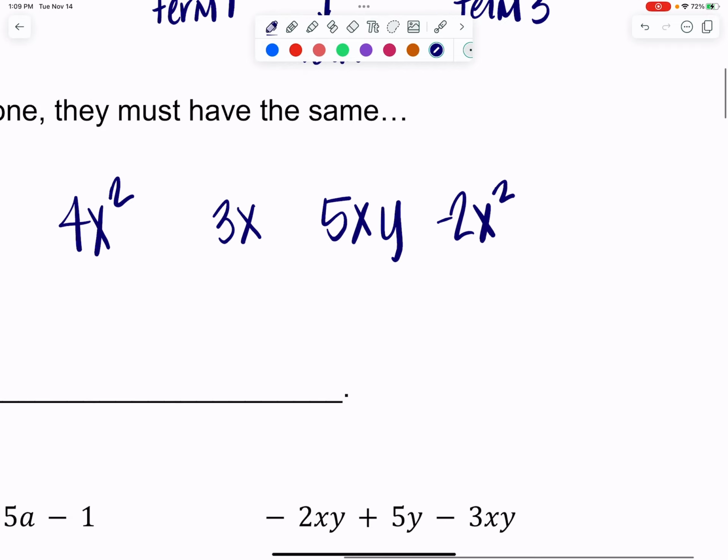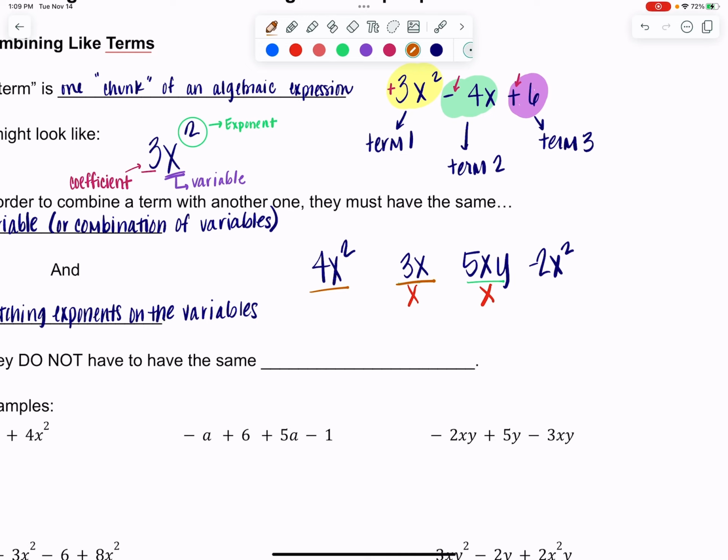Now, this guy, the 4x squared, and the 3x both have an x, but the 3x doesn't have an exponent. So these two can't be combined. I can't combine the 4x squared with the 5xy because they don't have the same variables. The only two that I can combine would be the 4x squared and the negative 2x squared.